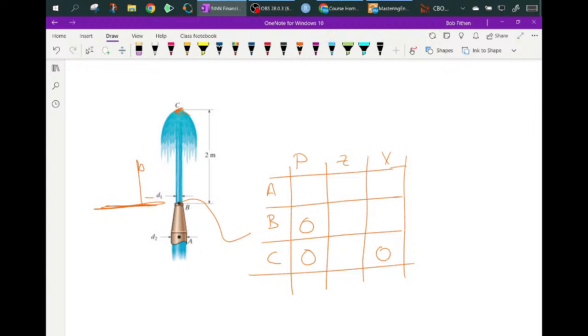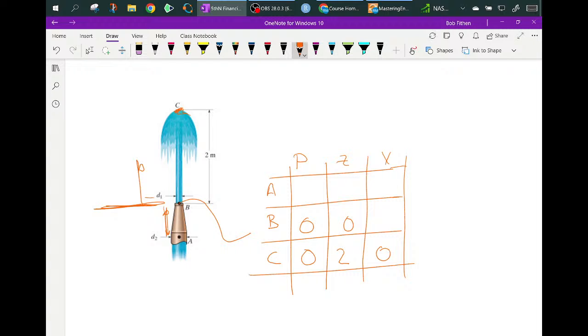Let's see. Does he have? Okay. He says a short distance. So exit. I don't think we have that. We don't necessarily need it though. So elevation, B, nothing.